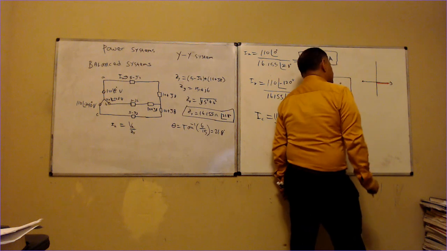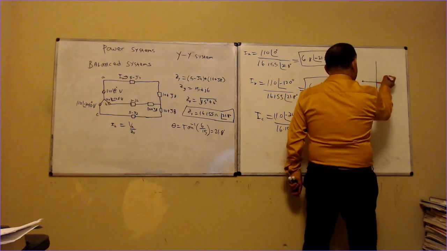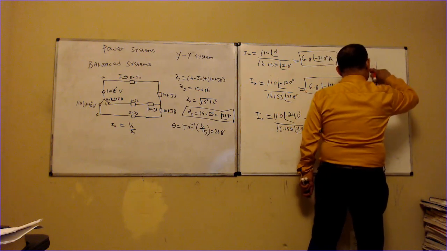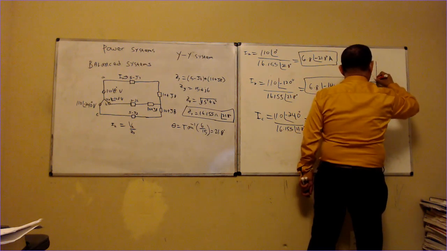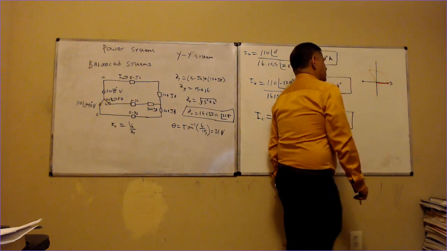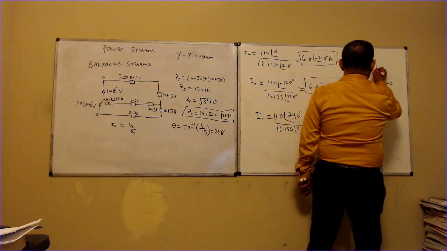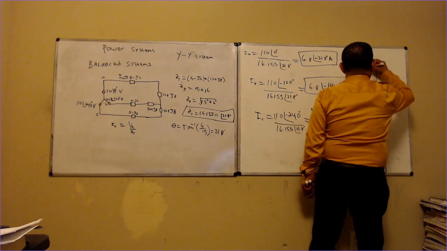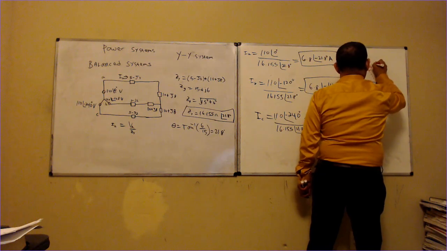Okay, so that makes sense, right? 0 degrees, but then I go 120 degrees, approximately 120 degrees right here. Oh, that makes sense too, right? Because it's a negative 120 degrees, right? Negative 120 degrees.